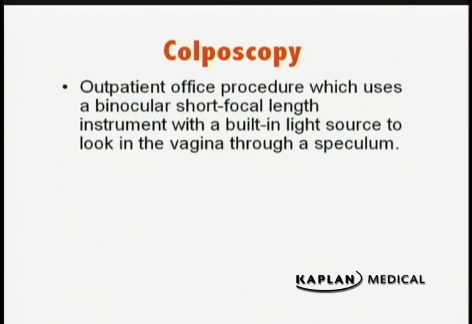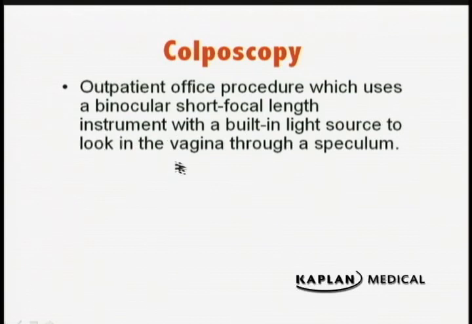Colposcopy. If you have an abnormal pap smear, which is atypical squamous cells, high risk, or if you have CIN, LSIL, HSIL, or cancer, you must do a colposcopy. A colposcopy is an outpatient office procedure which uses a binocular, that means you look with both eyes, short focal length instrument. It's like a pair of binoculars, but it's short focal length.